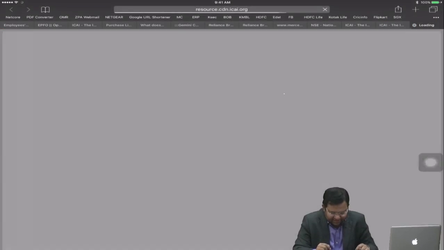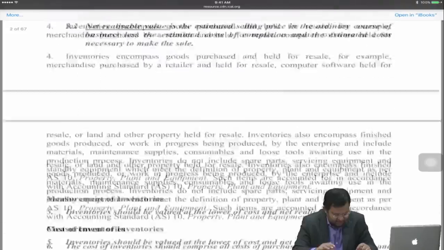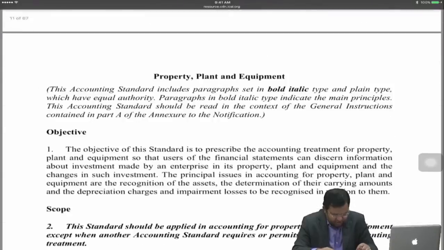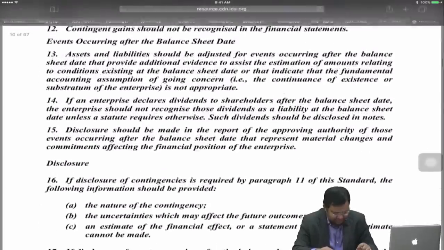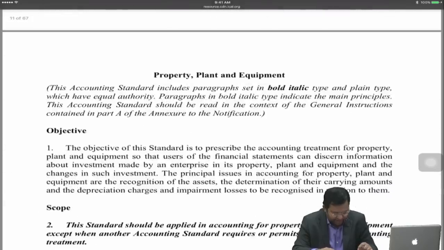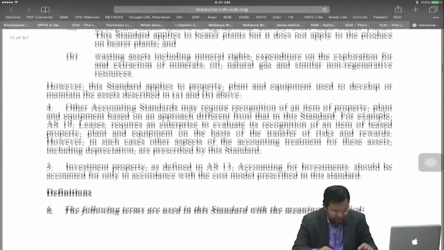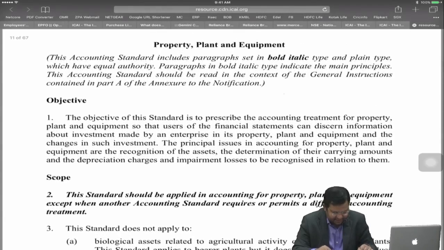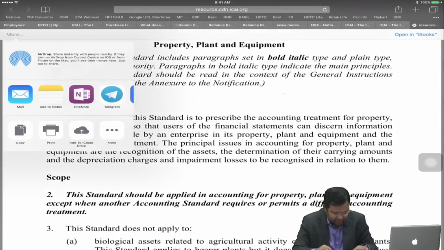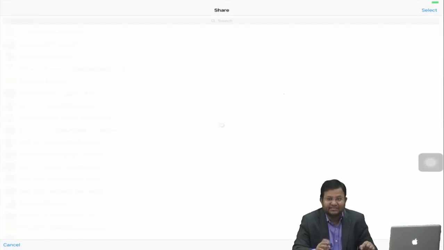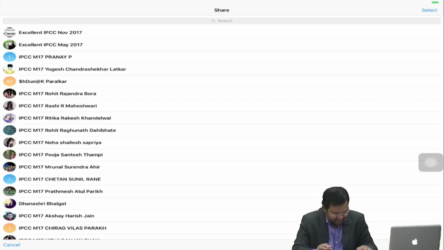There is no separate file for only AS10; it is all the standards. The files of all the standards that have been amended are here. I expect silence. So I'll share the file of all the standards also. The file is not big. It's in English only. I have not given you the Hindi file.